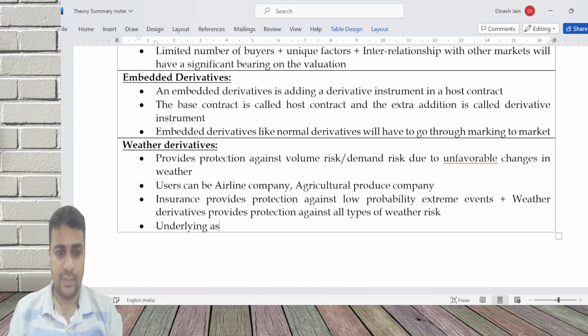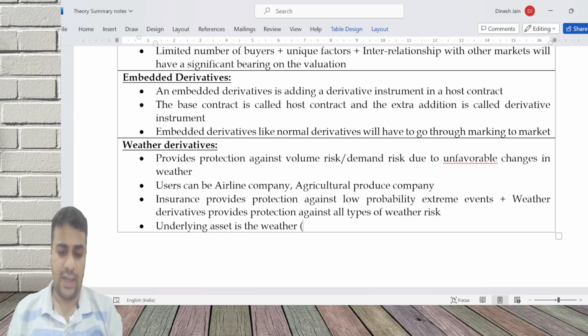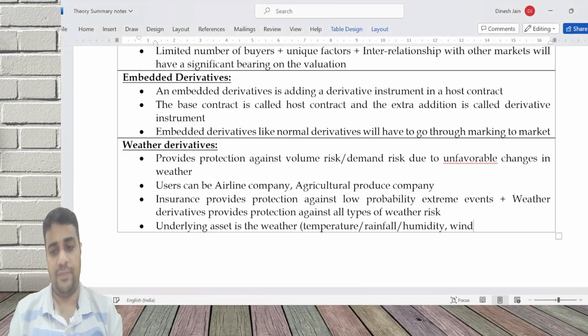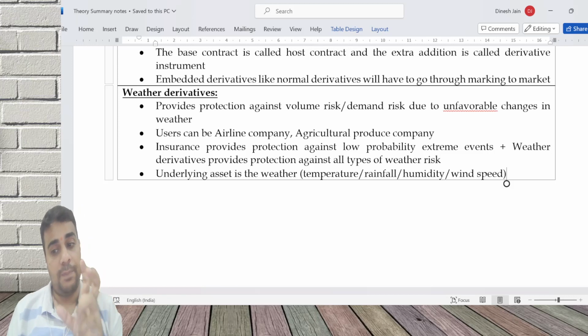The underlying asset is the weather. Weather has multiple dimensions: temperature, rainfall, humidity, and I think other things are also terrain, wind speed. So this will provide protection against the demand risk and not the price risk. Not the price risk. Be very clear.